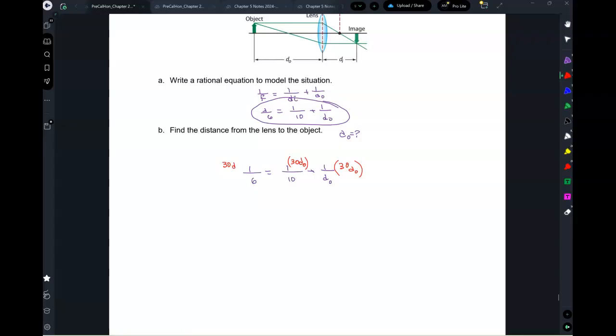Or you could do 60 and then you just need to cancel some things. So this will be what? 5 DO is equal to 3 DO plus 30. So 2 DO is equal to 30. DO is 15. So that's 15 centimeters.